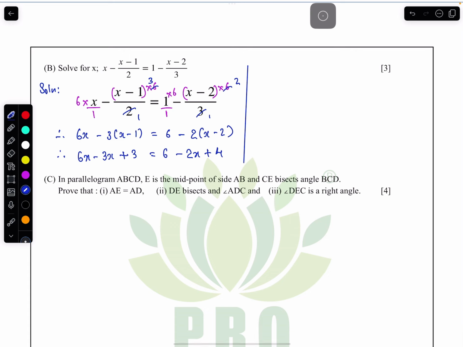So we know here 6x minus 3x would make just 3x. So we'll pull the 2x on the left. So therefore we have 3x plus 2x, and 6 plus 4 makes 10. 10 minus 3 would make us 7. So therefore 5x is 7.